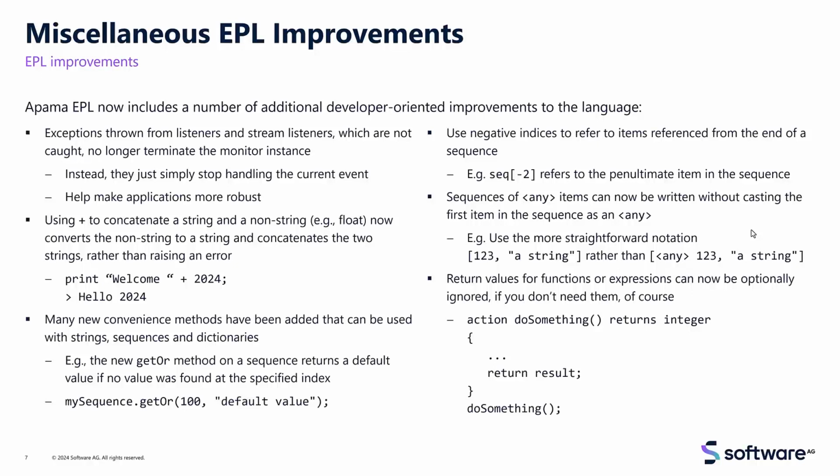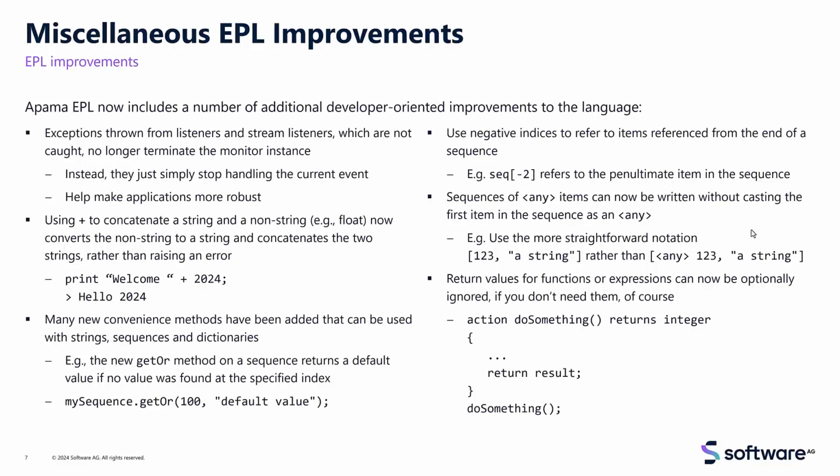It was okay if you caught the exception using a try-catch block, but more often than not, new developers in particular were writing code that did not always use a try-catch block, and any exceptions would prevent their application running. So now, if an exception is thrown, we stop handling the current event, and the monitor is still there to process future incoming events, which helps your applications be more robust.